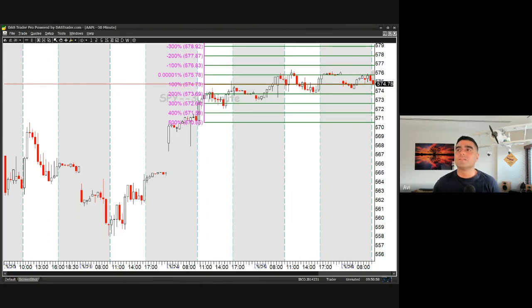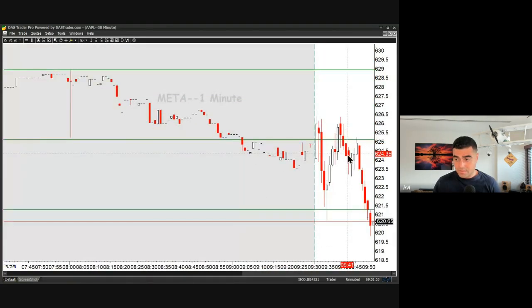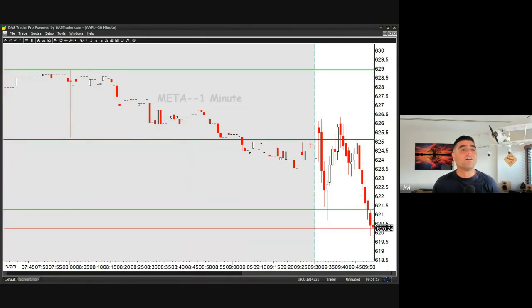Wow, Meta did a little break of yesterday's low. This is so hard to trade. Nvidia is also very weak but messy.